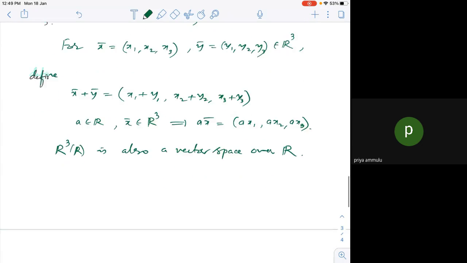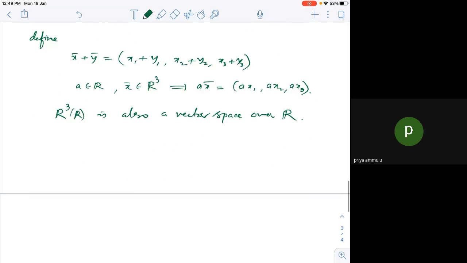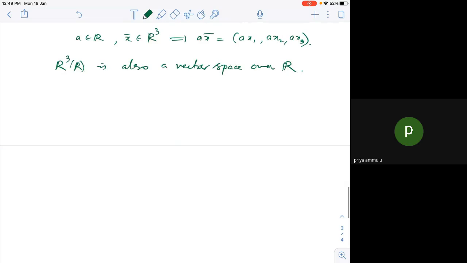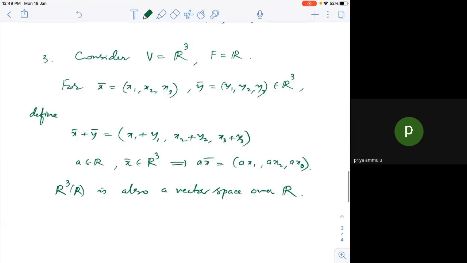Let us see what actually this means geometrically. These points can be identified as vectors in the three-dimensional space, Euclidean space of dimension 3.